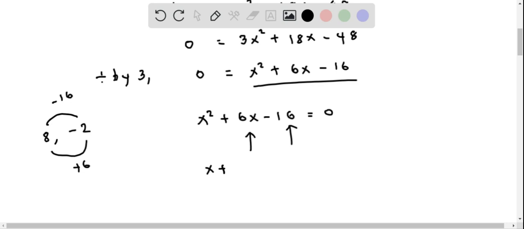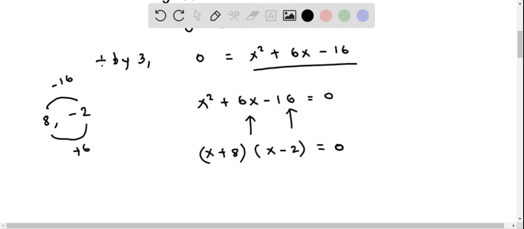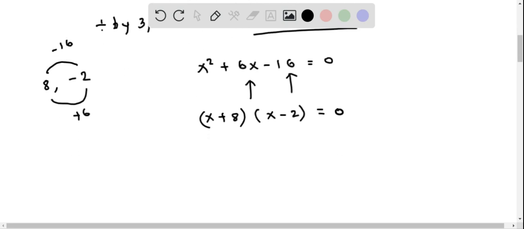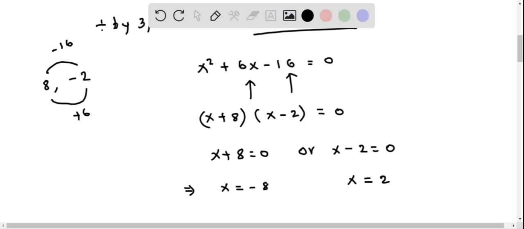That is, we write this as x plus 8 multiplied by another factor, which is x minus 2, and this equals 0. Now if we apply the zero property, either x plus 8 equals 0 or x minus 2 equals 0. And so this gives x equals negative 8. And solving this equation, we get x equals positive 2. And so therefore x equal to 2 is the positive critical number.